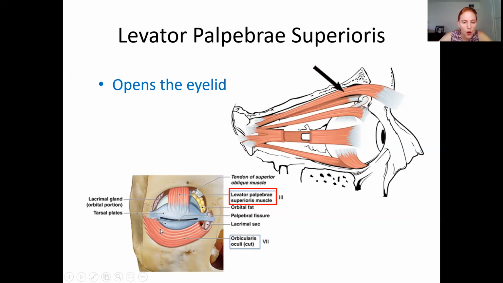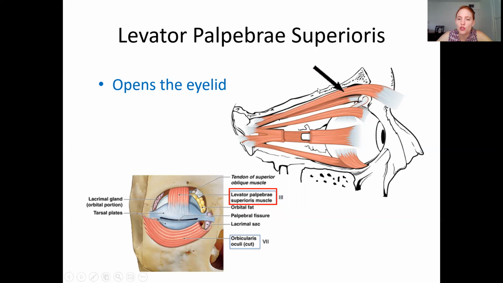Okay, so just to look at this real quick, this muscle here, the circular one, that's the orbicularis oculi, and that's the one that goes in a circle, and that's how you squeeze your eyes shut, like when you're blinking. That's the orbicularis oculi. But the muscle that opens up your eyelid is going to be the levator palpebrae superioris.